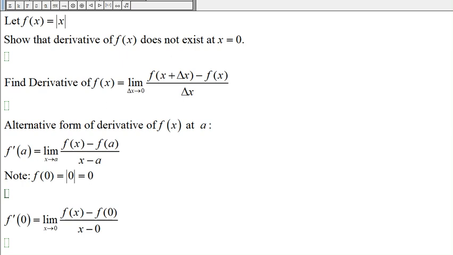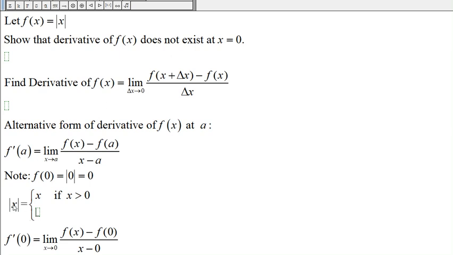And the other thing that we need to know is that the absolute value of x, by definition, is equal to x if x is greater than 0, meaning if x is positive.